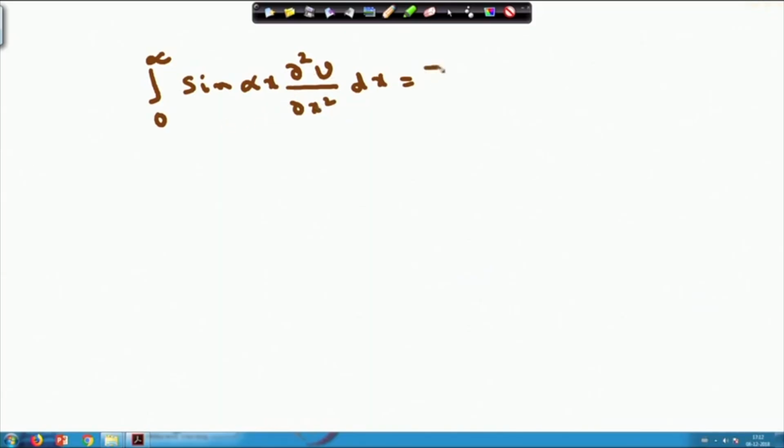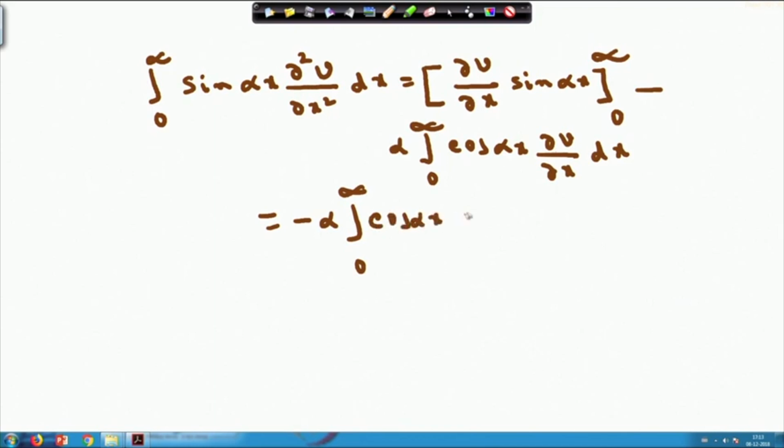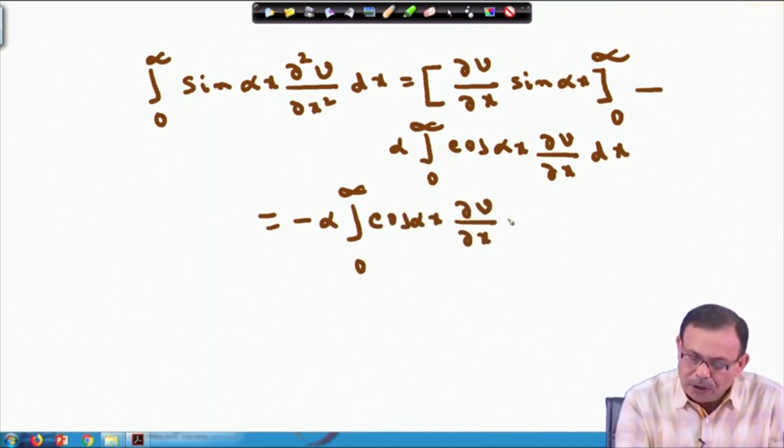If you evaluate this by parts, this will be del v del x into sine of alpha x, limit from 0 to infinity, minus alpha into the integral from 0 to infinity of cos of alpha x into del v del x dx. So, this will be equal to minus alpha into the integral from 0 to infinity of cos of alpha x into del v del x dx.